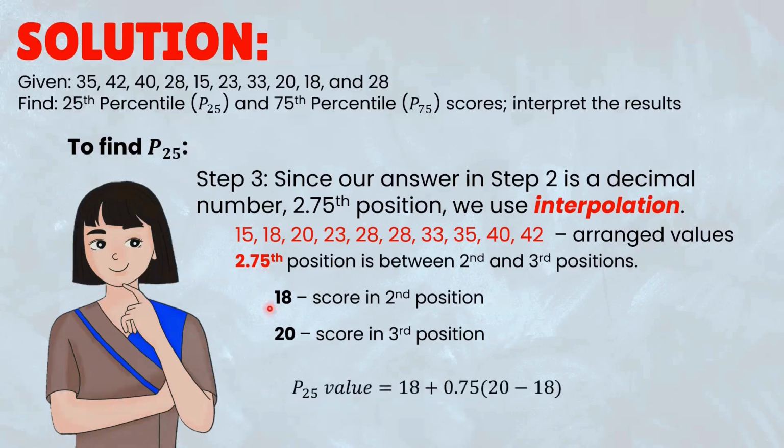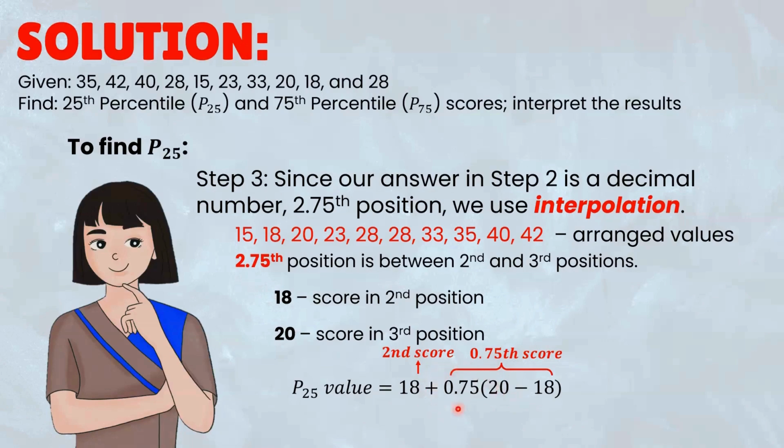So percentile 25 value is equal to 18 plus 0.75 times the quantity 20 minus 18. 18 here is our second score, and the expression 0.75 times the quantity 20 minus 18 is our 0.75th score. So 2 plus 0.75 gives us the 2.75th score, which corresponds to the 2.75th position.